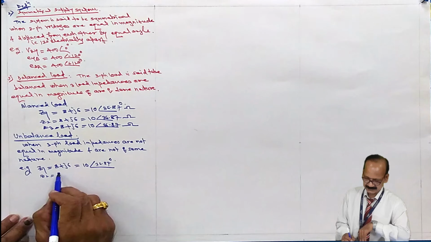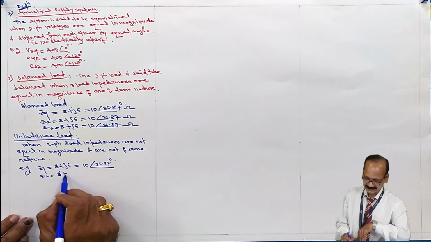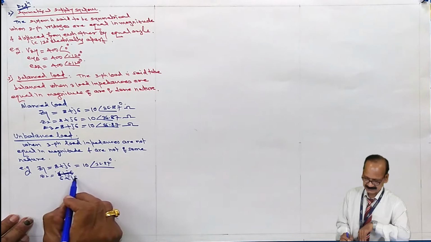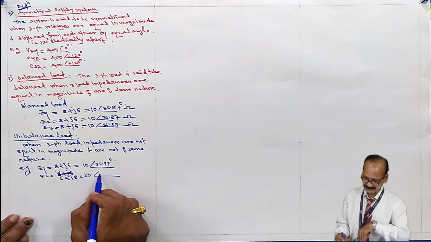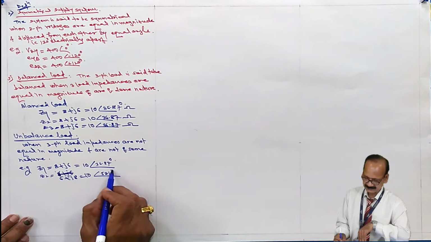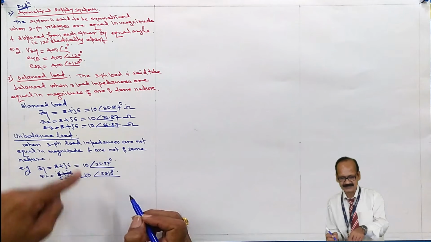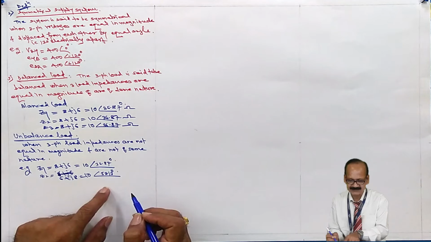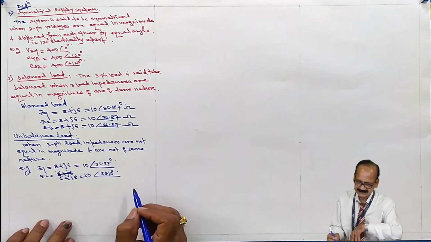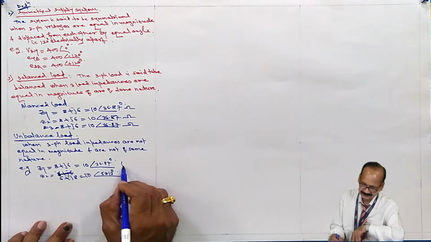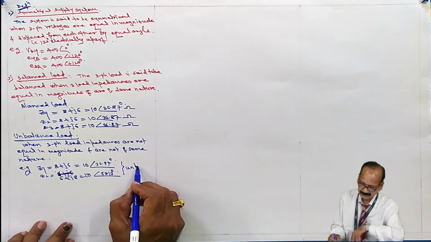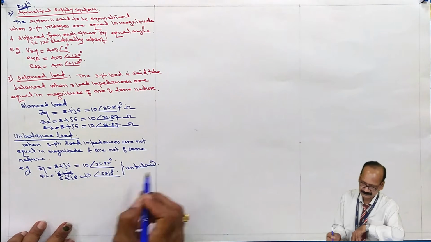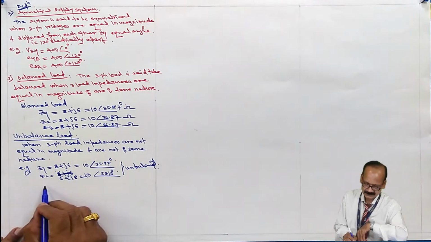Z2 equal to 6 plus j8, angle is 10, but this is 53.13. See, both are inductive here and the magnitudes are same, but these are not equal because their angles are not the same, so unbalanced.